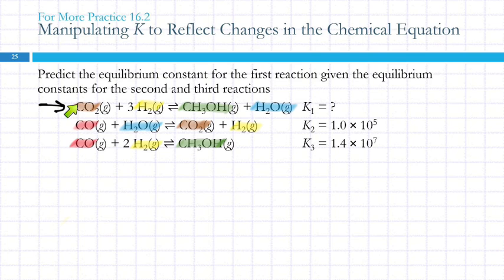CO2 is a reactant with a coefficient of 1. So I'm going to look in these equations and find CO2. Well, it's a product here. So I'm going to take this equation and write it backwards so that the product becomes a reactant.